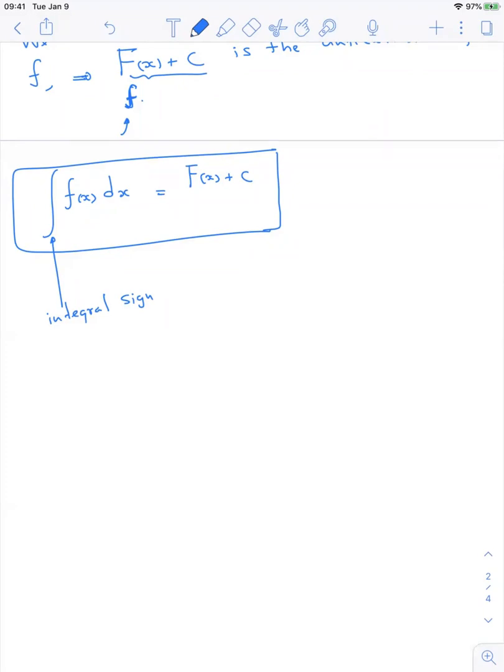And there are some names. This particular section right here, let me rewrite it. The integration sign, f(x) dx, this is called the indefinite integral, right?